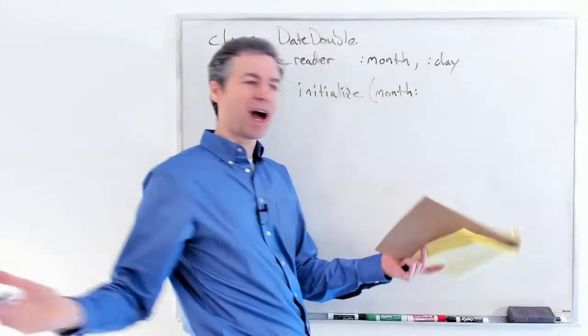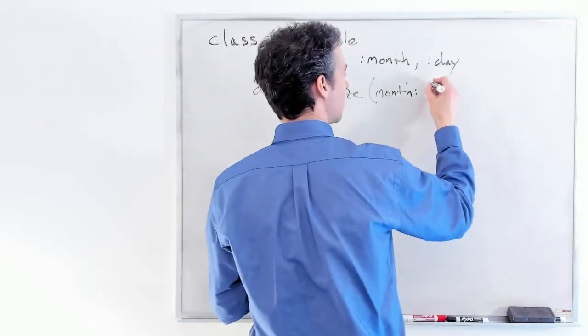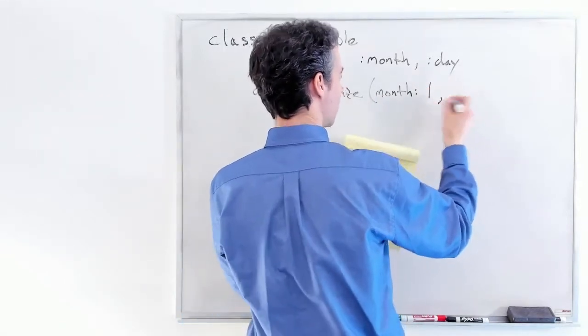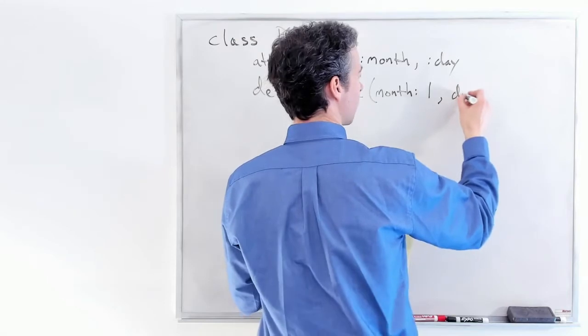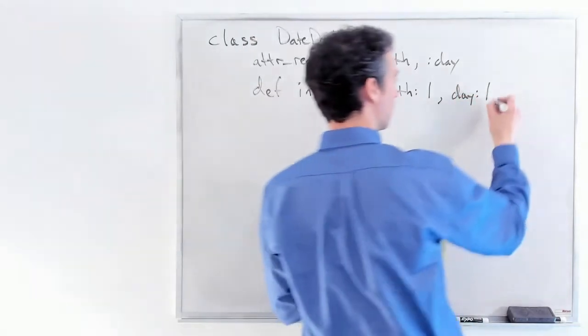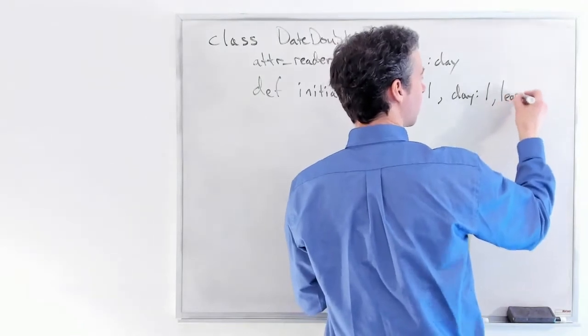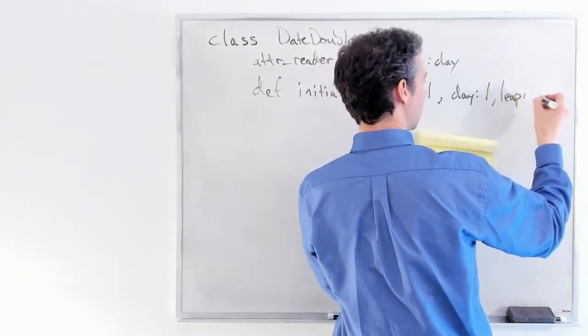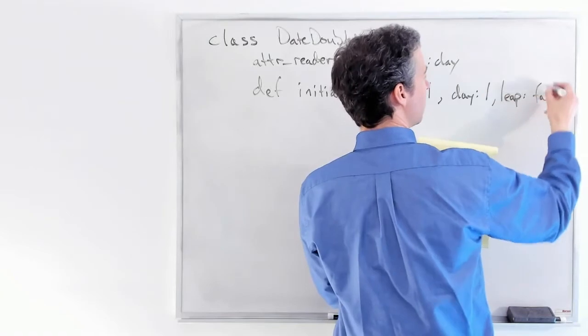And also, I like defaults. Why not? Let's have some defaults for this. So month, and let's say the default is January, so 1. And my day, I'm going to say it's January 1st by default. And I'm going to pass in whether it's a leap year or not. And I'm going to say by default, it's not a leap year.